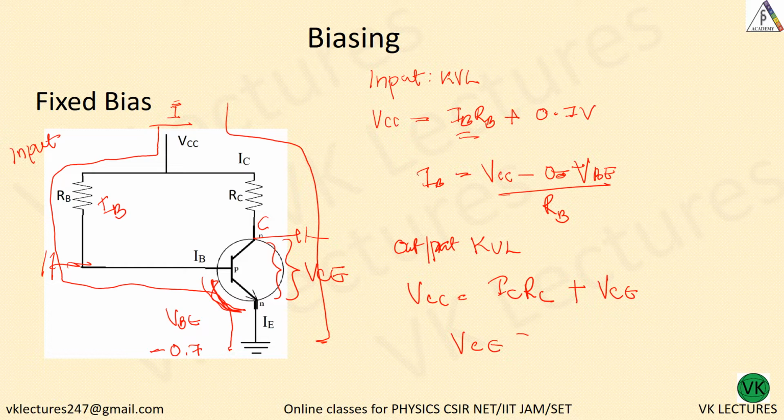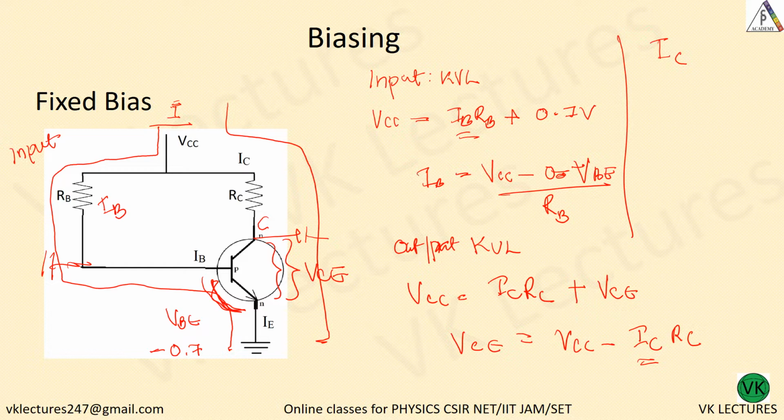Now VCE is equal to VCC minus ICRC. How will you find IC? This is a common emitter configuration.